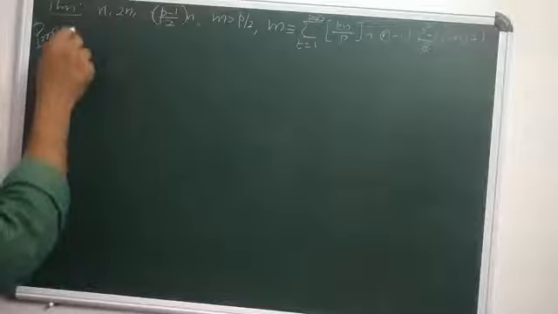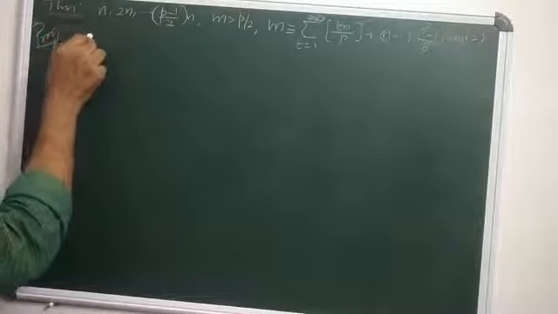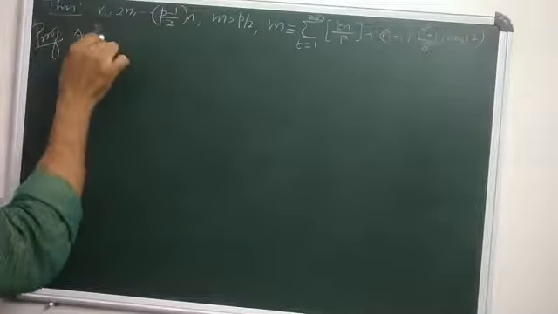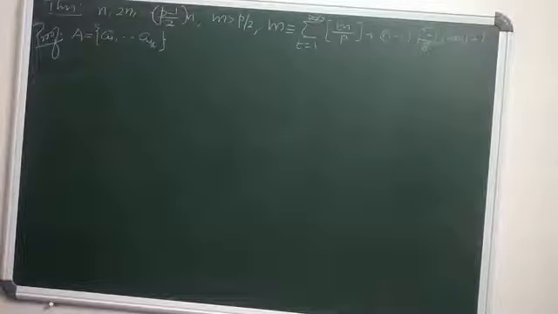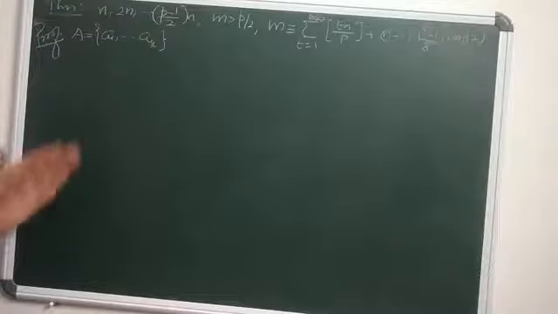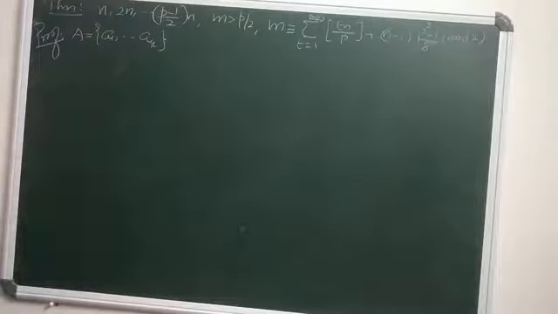first you consider what is given. Let a equal a1, a2, etc., ak, where ai is less than p by 2.